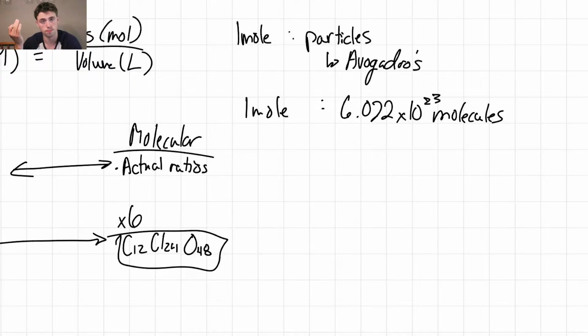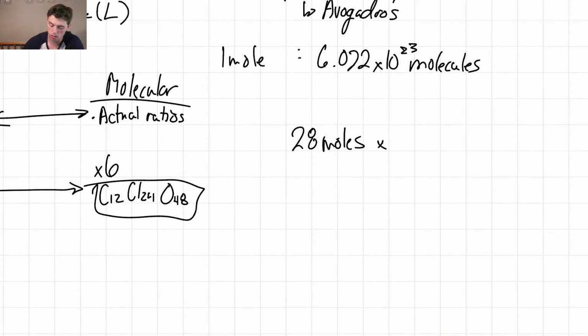And this is a good conversion factor. So if I know for a fact that I have 28 moles, I can easily figure out how many molecules I have by simply multiplying by Avogadro's number. That's how I would know how many particles were in that mole. And it can go from there.